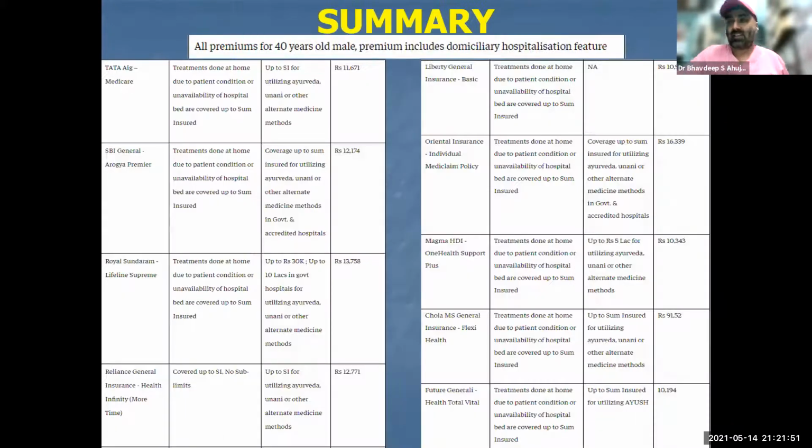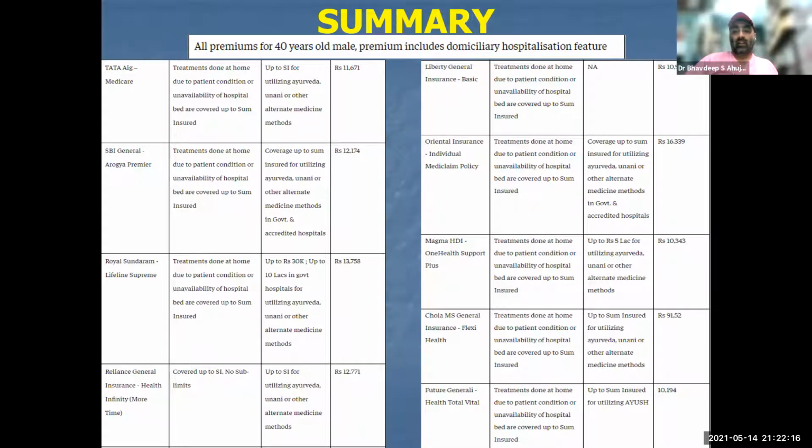Network hospital list is very small, and the claim ratio was less. So then Tata AIG plan, 11,671, SBI Arogya Premier, Royal Sundaram, Reliance General Health Insurance, Health Infinity Plan, again one of the very good plans of general insurance. So again, up to the sum insured. Again, you can freeze this chart to get a knowledge of what exactly things are covered for you and what not.